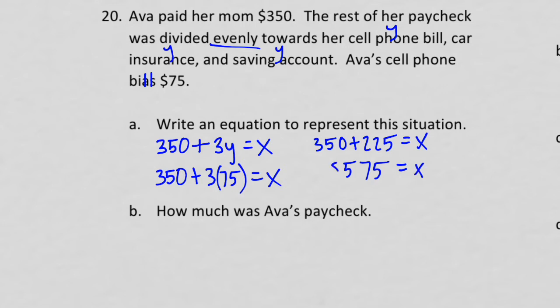That's how much she paid from her paycheck. Oops, I kind of got ahead here, right? Write an equation to represent the situation is this. Solve it is this. So this should go down here. All this work should go here where it says how much was Ava's paycheck.